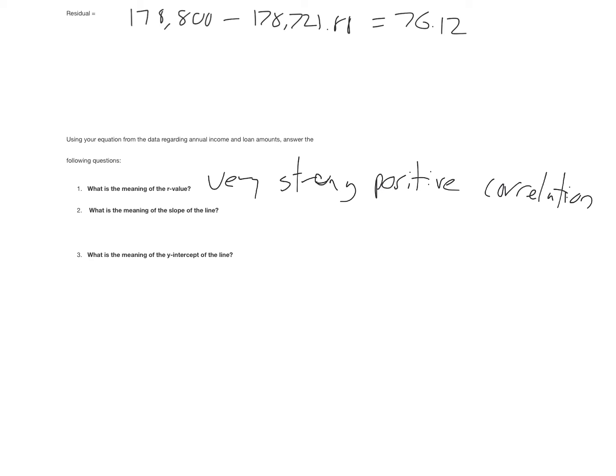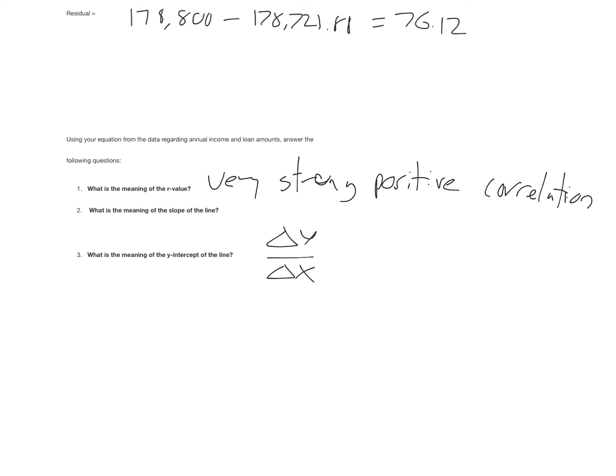Now, if the value is actually 1, not rounded to 1, then that would actually be the strongest possible positive correlation. And so you could say that that's the answer here because that's how we recorded the R value. Slope, always just remember, is change in y over change in x.